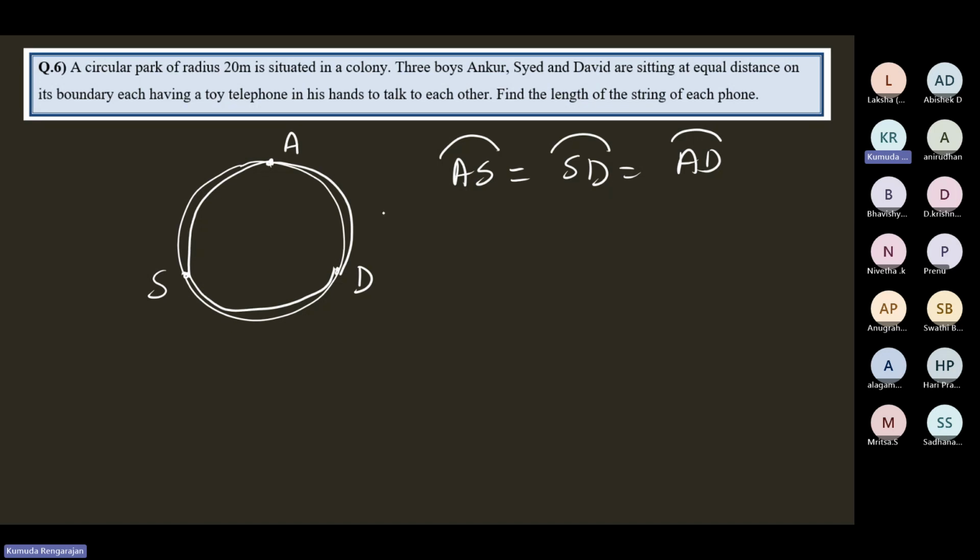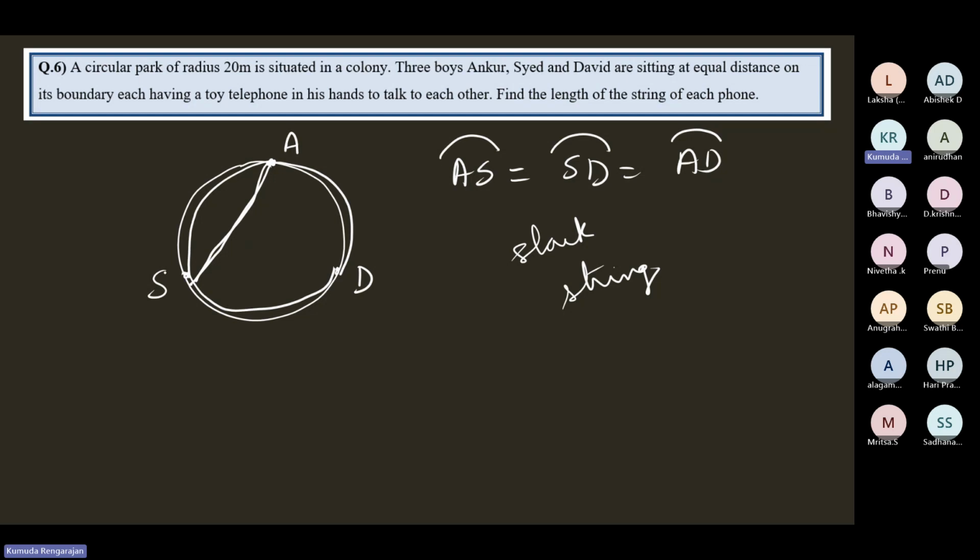Now the string will not be slack, like it will not be hanging loosely. So when they hold it, A is here, S is here. The string between A and S will be taut like this. It will be fully stretched. Otherwise, you can't find. If they're holding it loose, how will you find? This is the string between A and S, and it's tight.